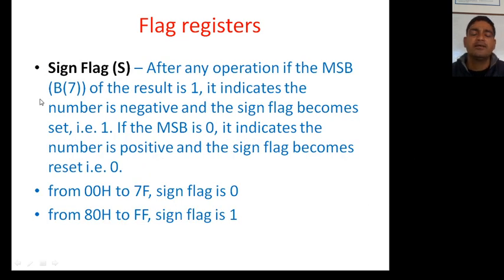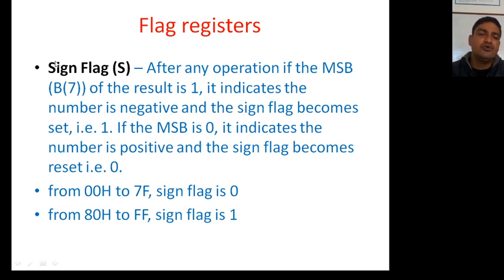First one, sign flag. After any ALU operation, if the MSB is 1, it indicates this flag is set, otherwise reset. MSB is B7. If the MSB is 1, it indicates the number is negative and the sign flag is set.